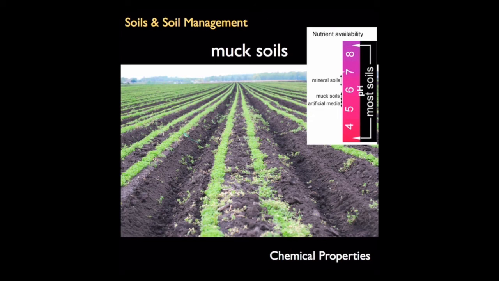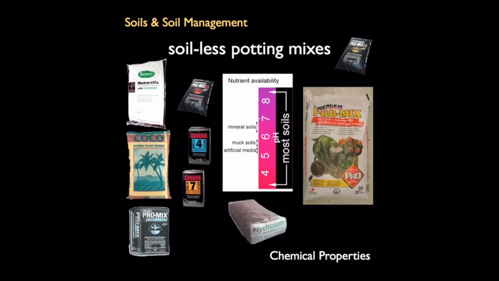The chemistry of these soils and the properties of exchange sites are very different from those of mineral soils. In soilless potting mixes, most of the cation exchange sites are on the peat moss or composted bark components. Nutrients tend to be most available in these mixes from pH 5.2 to 5.5.